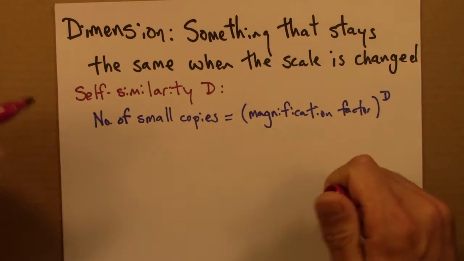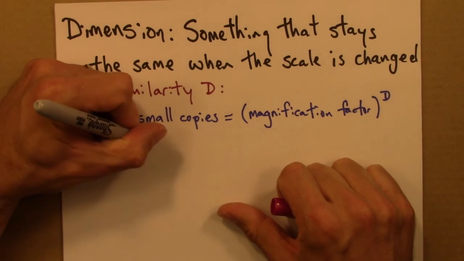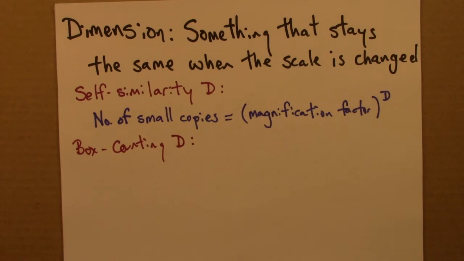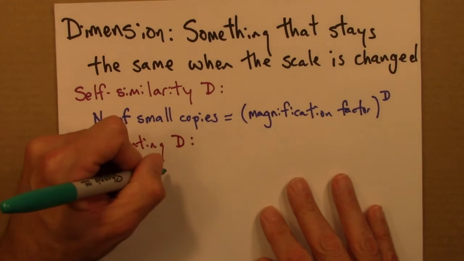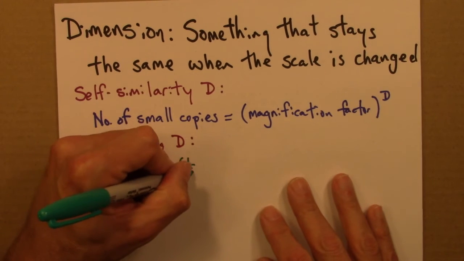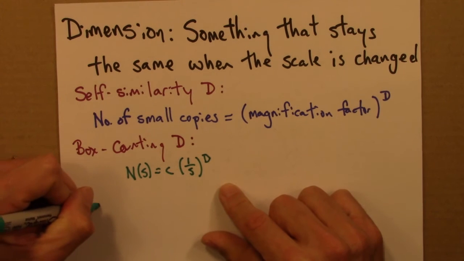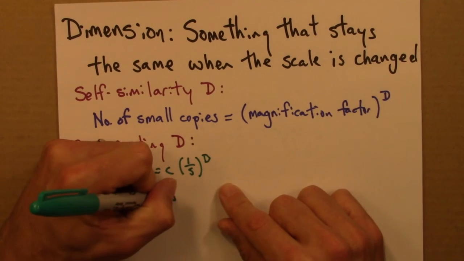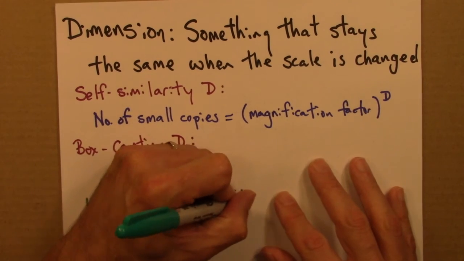So then, in this unit, we've been looking at box counting. The box counting dimension is given by this relationship: N(s) = C (1/s)^D. And we can take logs and come up with this.